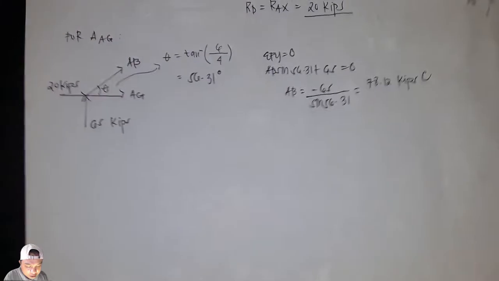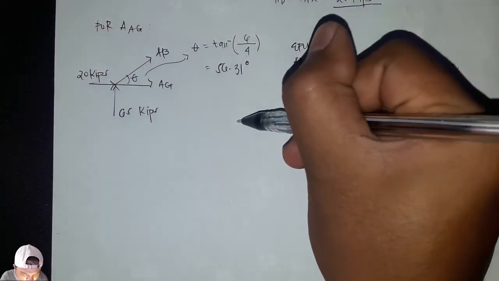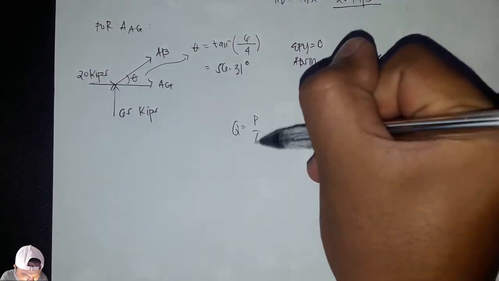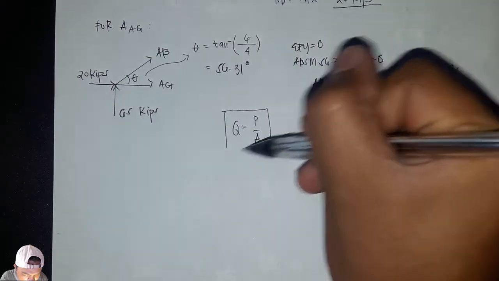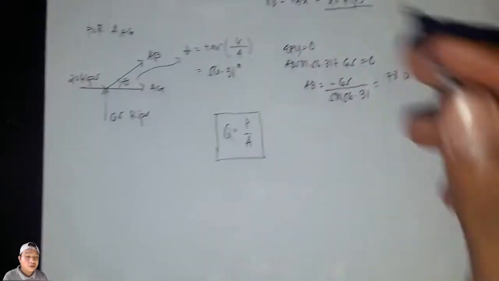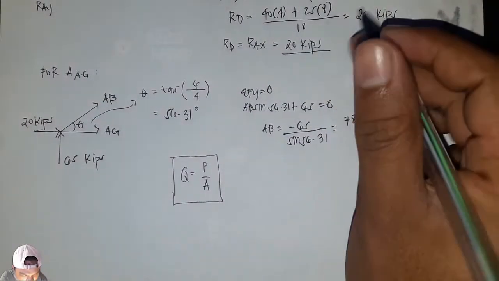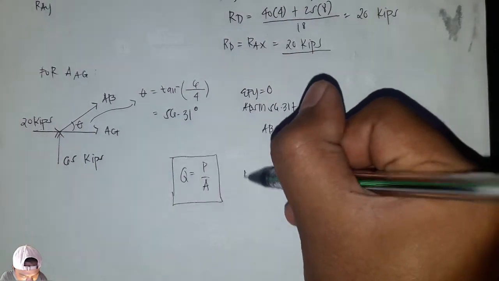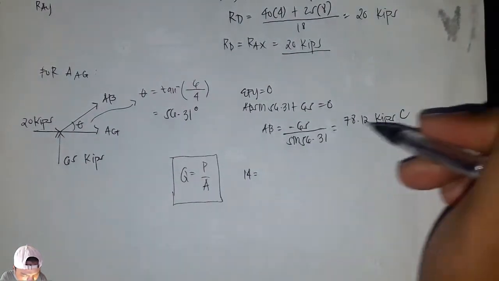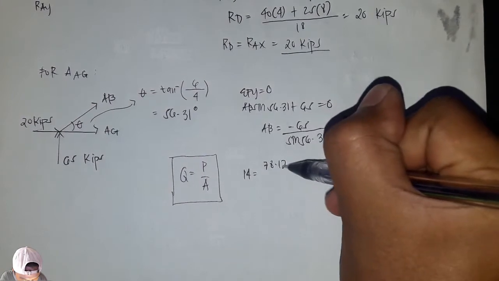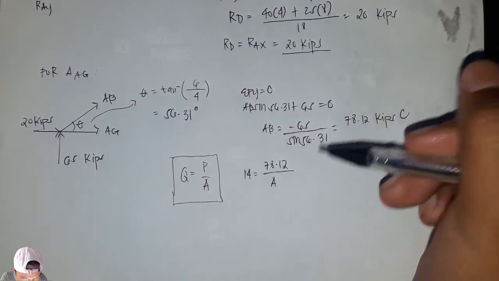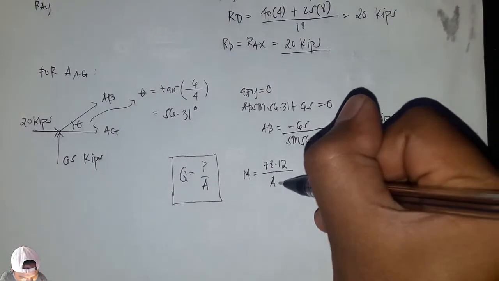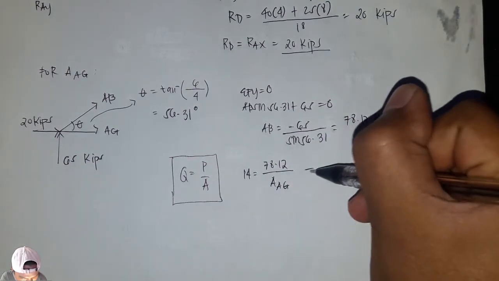So yun yung isa-substitute natin sa ating general formula. Ito yung formula natin, guys. So yung stress natin is yung 14 kasi nga compression, equals to yung P natin is 78.12, over yung area na hinahanap natin, which is yung sa AG.